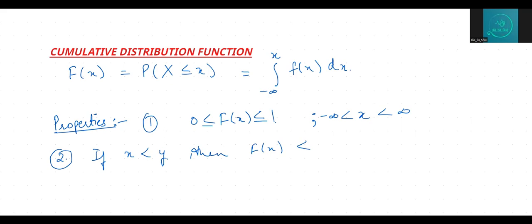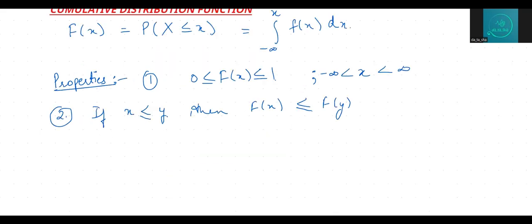It could be a strict inequality or it could be less than equal to, then Fx would be less than equals to F of y. Also, F of minus infinity is 0 and F of plus infinity is 1.